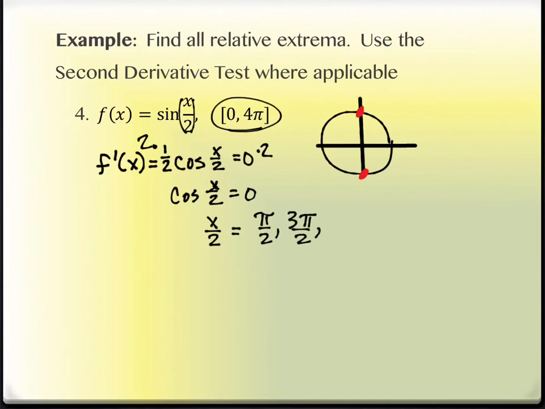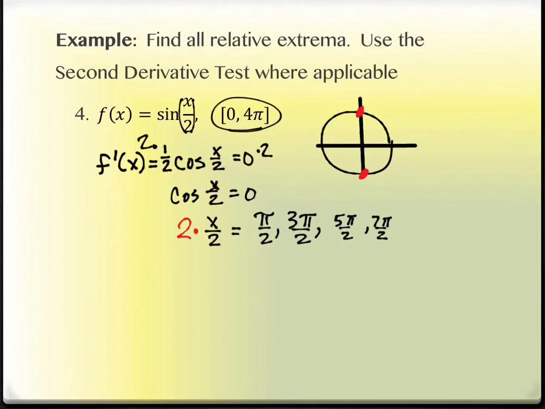Now, in theory, it feels like you should just continue to go around, right? I'm supposed to go to 4 pi. If we continue this, I will have 5 pi over 2 and 7 pi over 2. They're not going to be necessary, but it feels like we should write them down because they're between 0 and 4 pi. Does that make sense? Right? It would go twice around my unit circle. The reason I don't need to write them down is because I'm about to multiply these by 2, right?